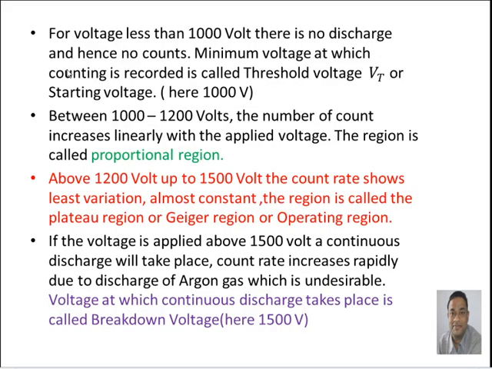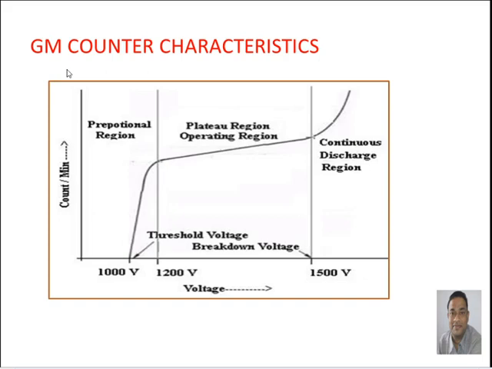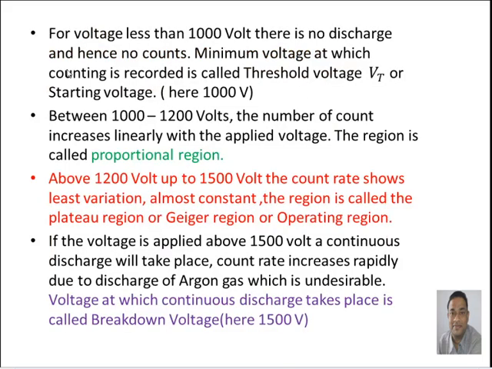Now from about 1200 volts up to 1500 volts, the count rate shows least variation. It is almost constant, and this region where the count rate in the GM counter is nearly constant is called the plateau region. The plateau region forms the operating region of the GM counter. The GM counter operates within this voltage range.